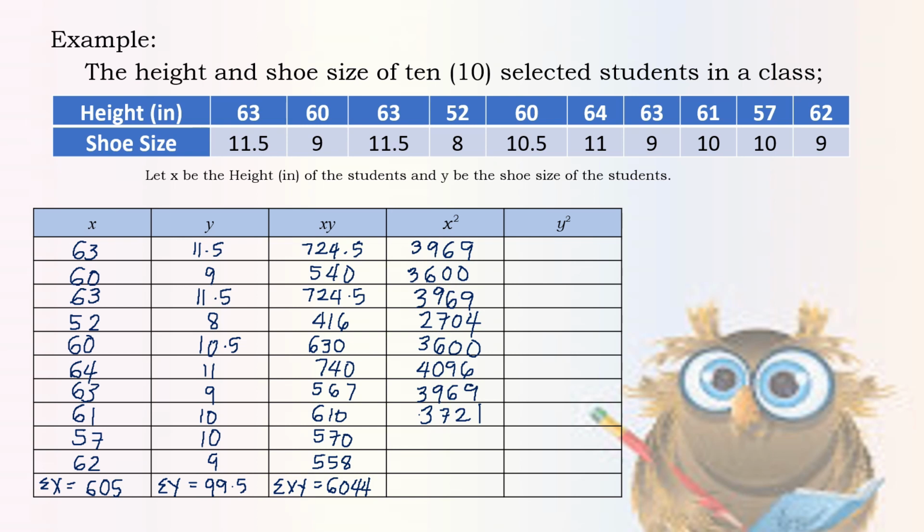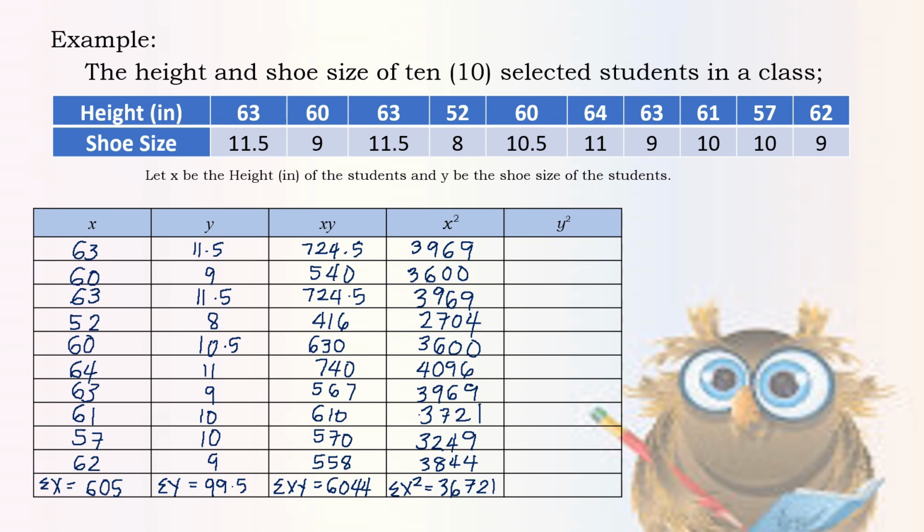Also, 57 squared is 3,249. And then 62 squared is 3,844. Adding this up, we have 36,721.